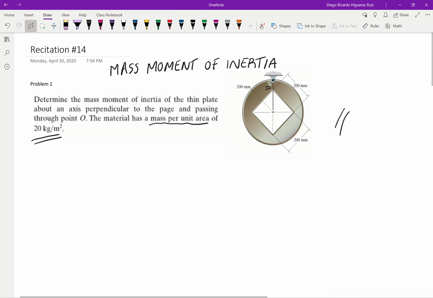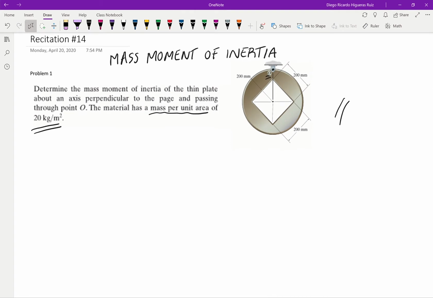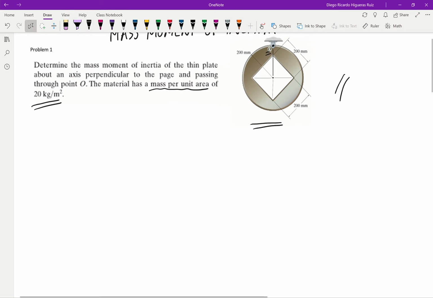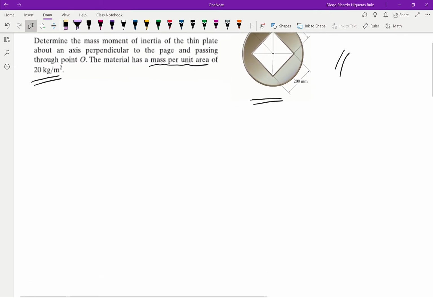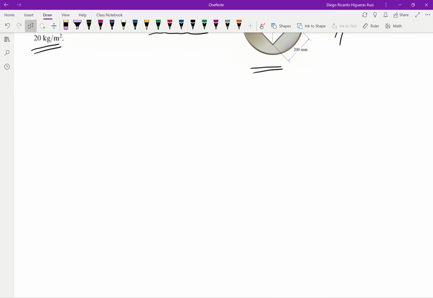So the way that we are gonna solve these problems, where we are given a geometry that is clearly composed by different simple geometries, we're gonna use superposition, right? We know that it's easy to calculate the mass moment of inertia of a thin plate with the given radius of 0.2 meters.